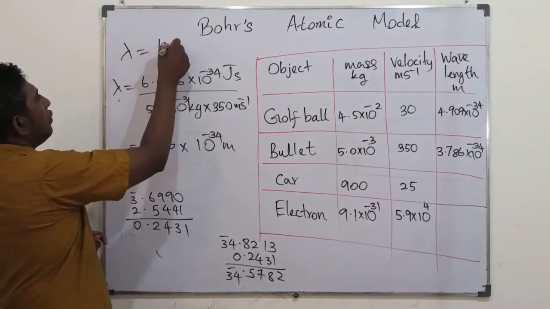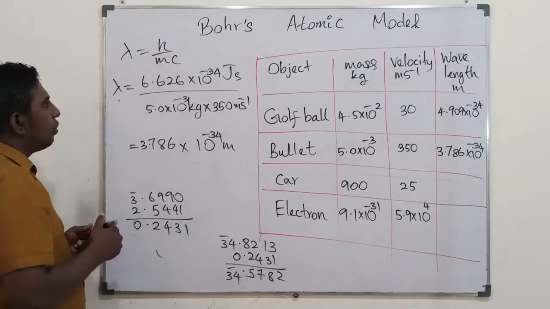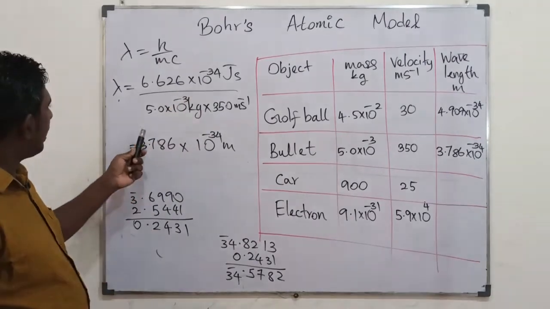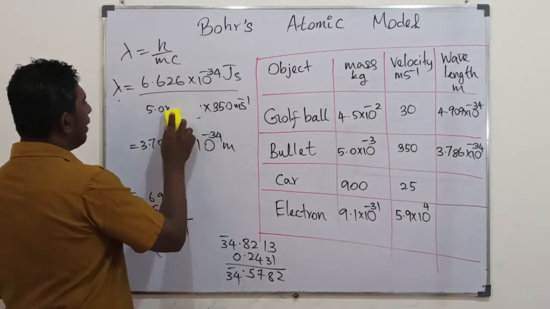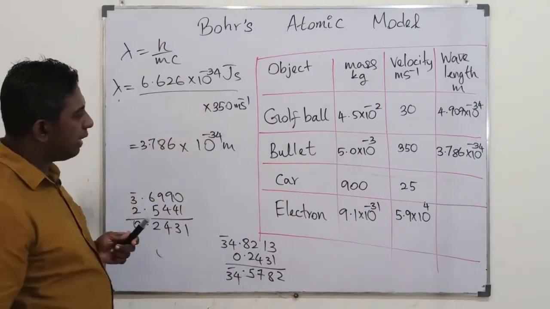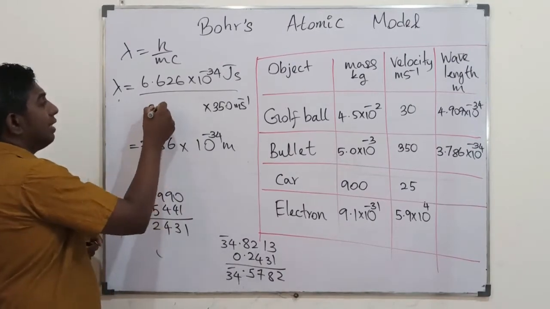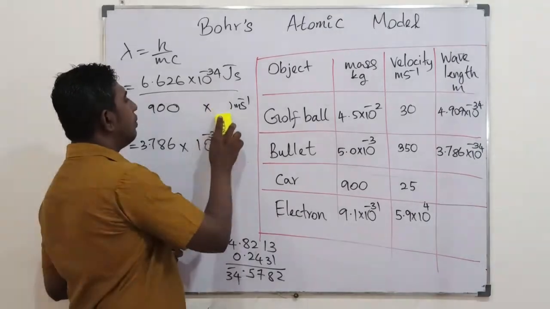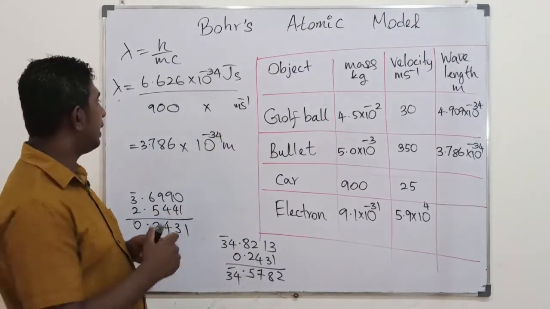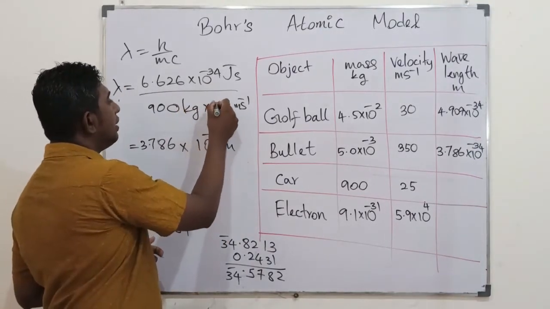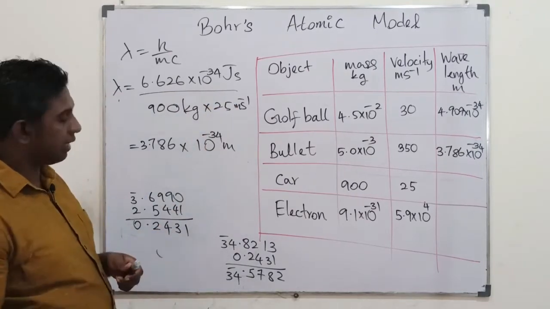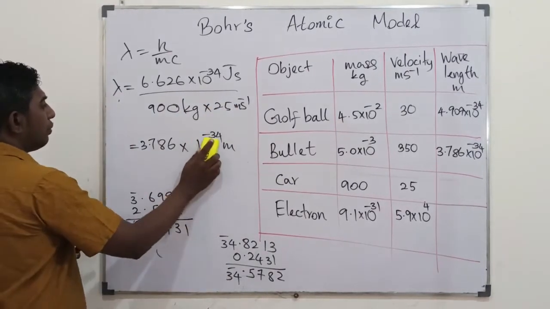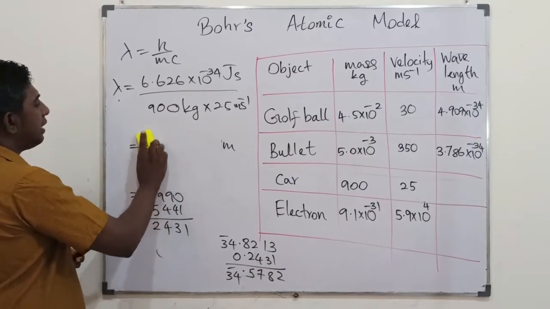Lambda equals h over mc. So h is the same, but m is now quite different. It's going to be 900. Then the c is 25 meters per second. This is 900 kilograms. This is 25 meters per second. Now the answer I'm about to find out would be in meters.